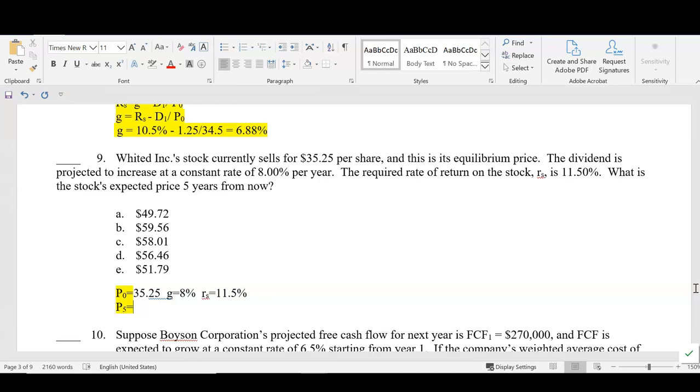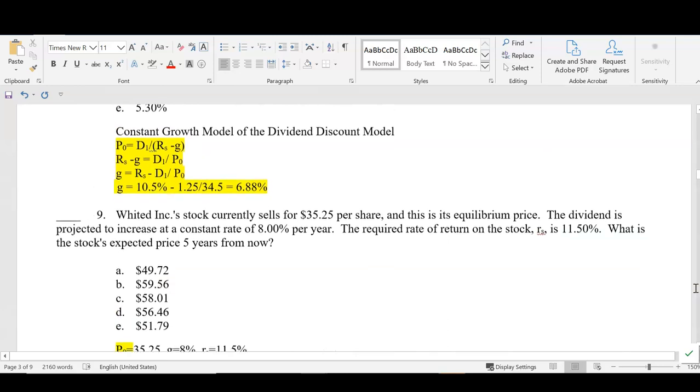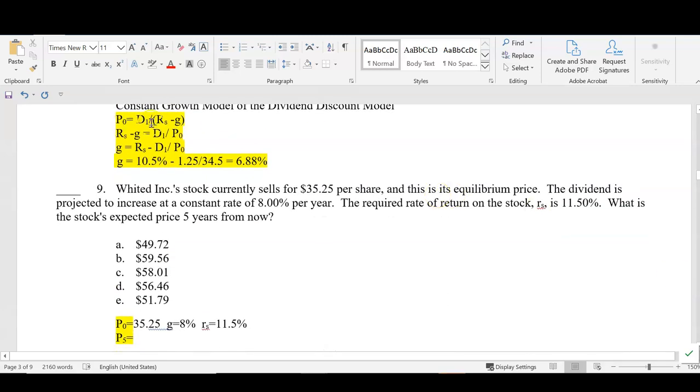Then you have to solve for D1, and D1 is going to be P0 multiplied by RS minus G. So you can use P0, G, and RS to solve for D1, then solve for D6, and then calculate P5. That's going to be a little bit complicated if you use the original model.